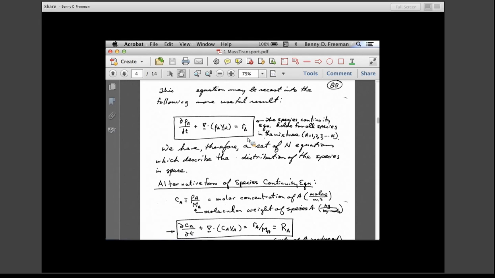And this is a differential equation that basically states a concept that many of you in chemical engineering would have learned when you were taking material and energy balances. That is that the accumulation of a component in a material volume must be equal to the net rate of input minus output from that control volume plus the rate of generation minus the rate of consumption of that component by chemical reaction.